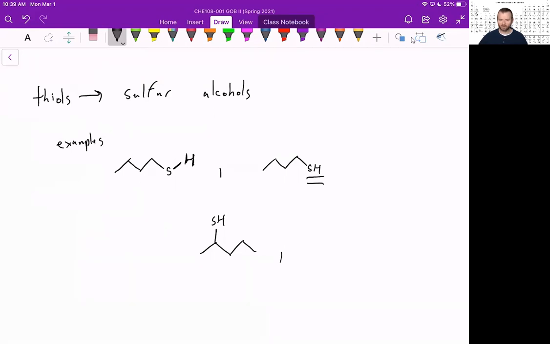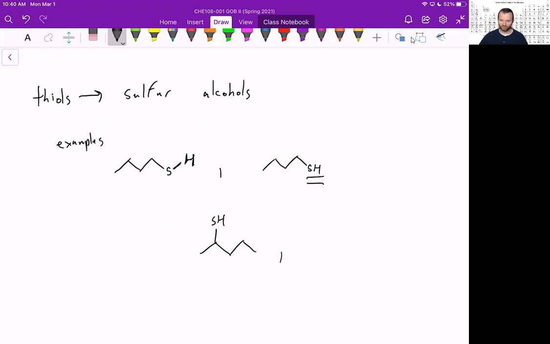A small amount of the thiol-containing compound, because our noses are really sensitive to that pungent rotten egg smell. So if you smell a gas leak in your house or at your gas grill, what you're smelling is a thiol that has been mixed with the alkane gas that you're using for combustion.